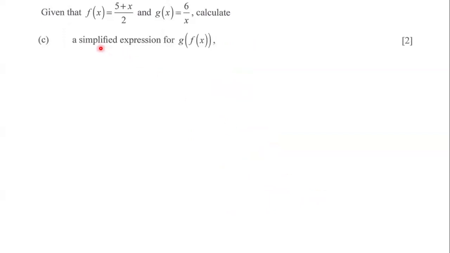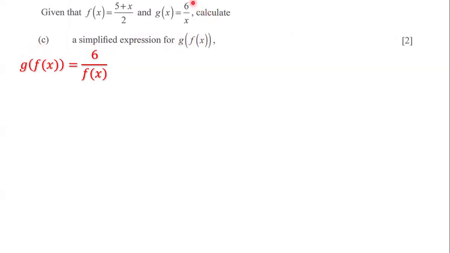Next, it says, calculate a simplified expression for g of f of x. This right here is a function within a function. So f of x is the baby function, g is the parent function. f of x, being the baby function, is inside of g of x. So here they want us to write a simplified expression for g of f of x. Remember, f of x is inside of g.